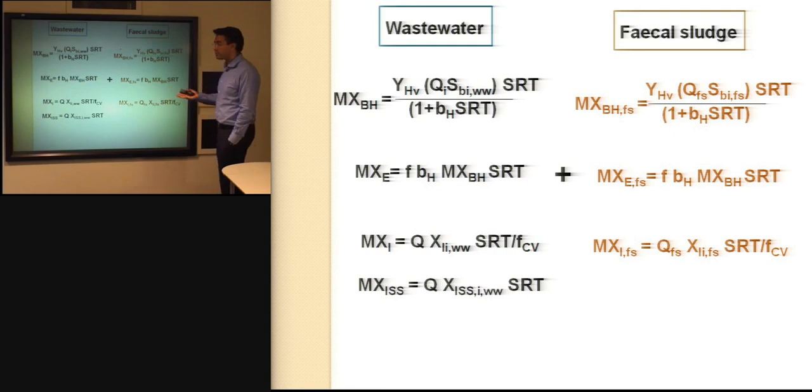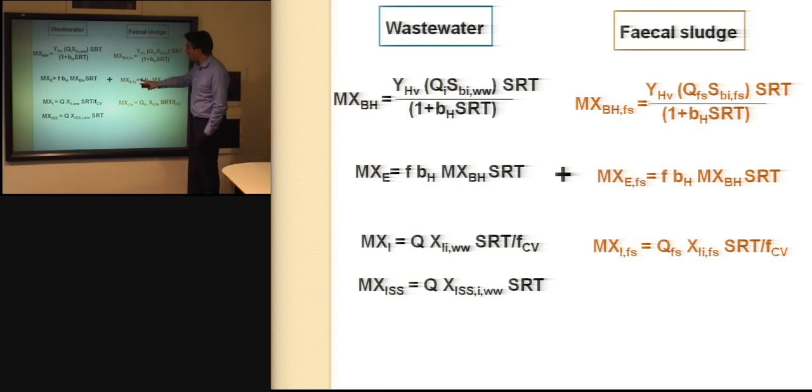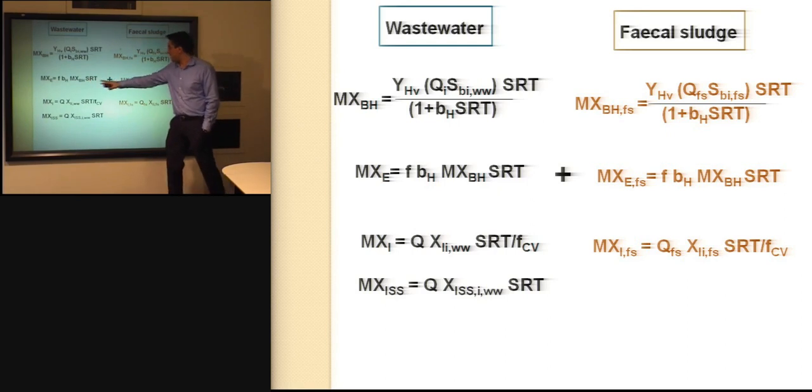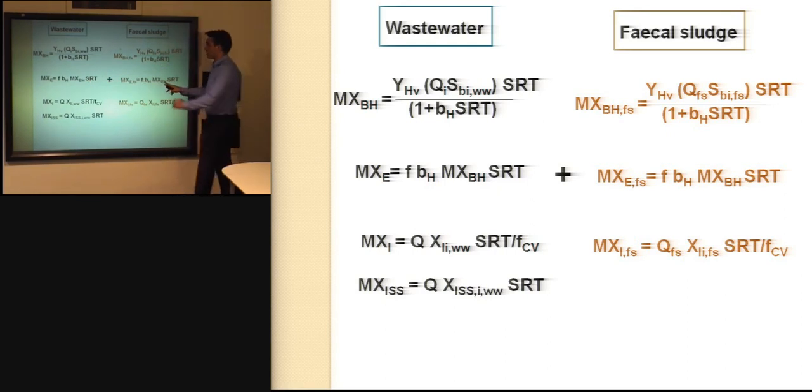due to the biodegradation of the organics that can be degraded biologically in the fecal sludge. In a similar way, the endogenous residue can be quantified using the same equation, but now, instead of considering the active biomass fraction of the system, we use the active biomass fraction generated from the fecal sludge.